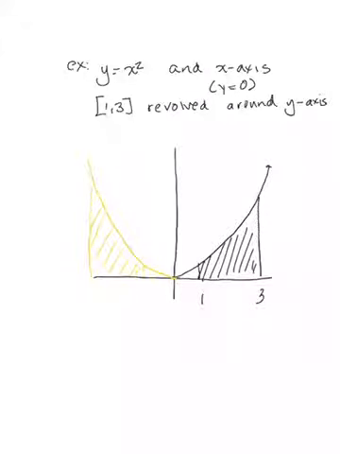So if we take our slice, right there, that's a dx slice, and then we rotate that slice around the y-axis. Gives us that cylinder. The r goes from the axis of rotation.